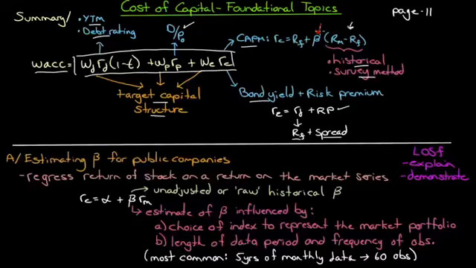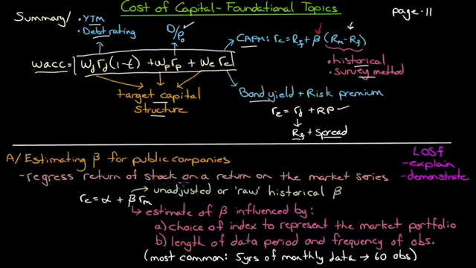We'll start with the super simple one, which is beta for public companies. This is typically widely available from any financial data provider or vendor that you have. If you don't have that, you can simply get a return series for a particular stock index. You can get a return series for your stock, typically monthly for 5 years, and just do a regression.